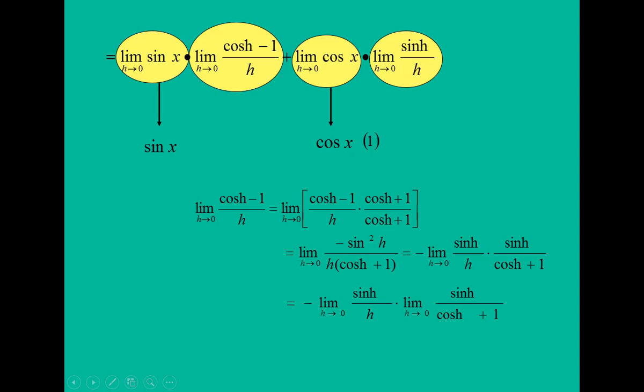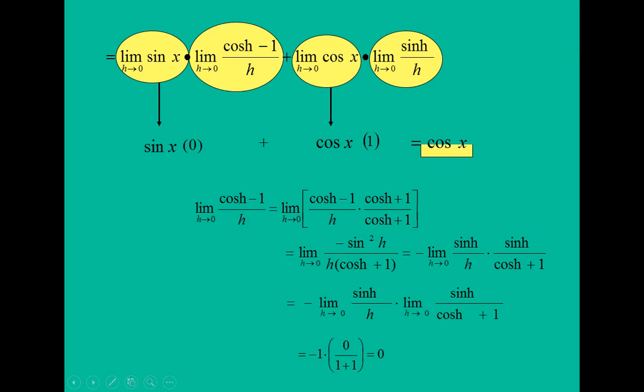Now what about the limit of the sine of h divided by cosine of h plus 1? If we use direct substitution, we would get sine of 0, which is 0, divided by cosine of 0, which is 1, plus 1. So we'd have negative 1 times 0, which is just 0. So that limit goes to 0.